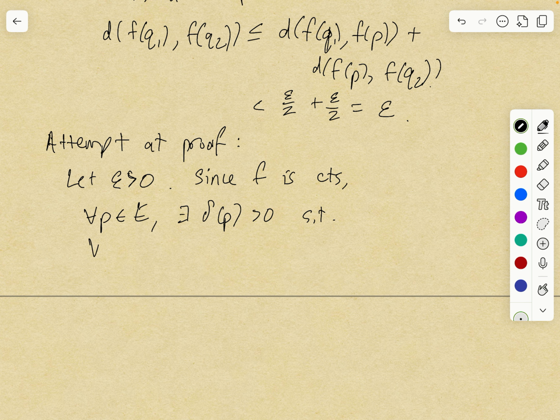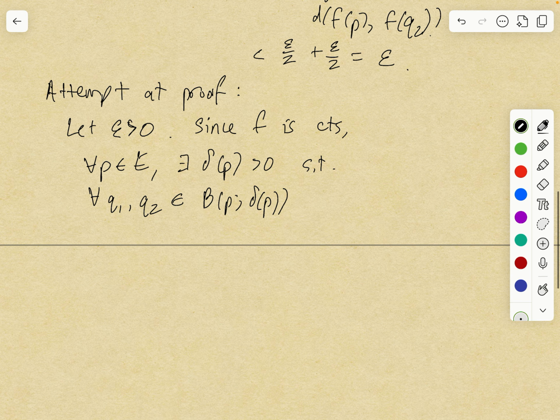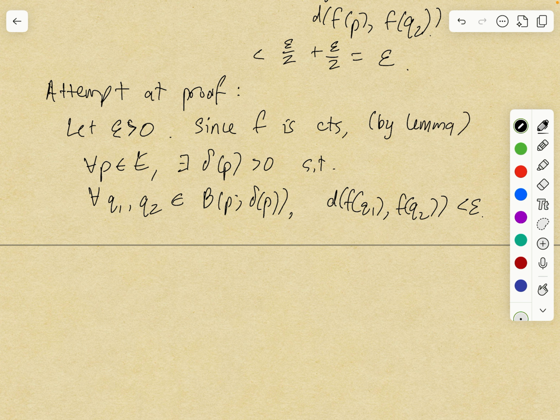such that for all q1 and q2 in this ball of radius delta centered at p, the distance between f of q1 and f of q2 is less than epsilon. That's by the lemma, I'm just writing what the lemma says.